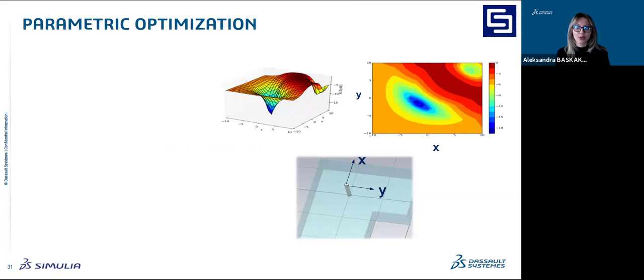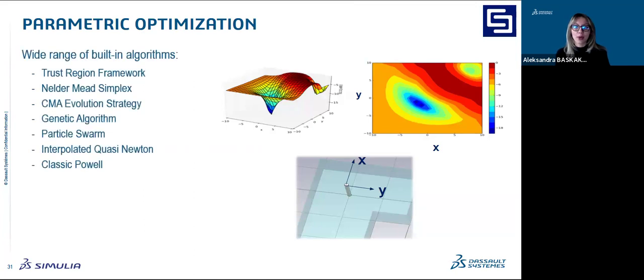CST Studio Suite has a conventional parametric optimizer for when you optimize the geometry of your design, and the optimizer will find the best value for a parameter depending on the goal of the optimization. The optimizer has a wide range of built-in algorithms like trust region framework, genetic algorithms, particle swarm, classic powell, and so on.